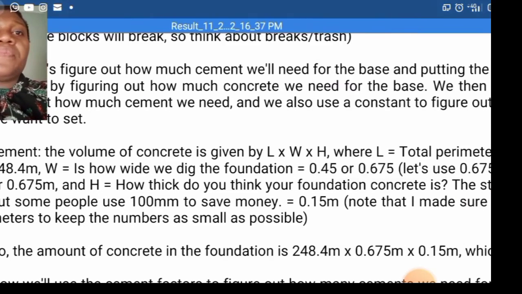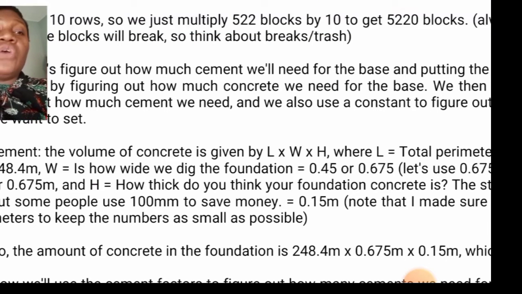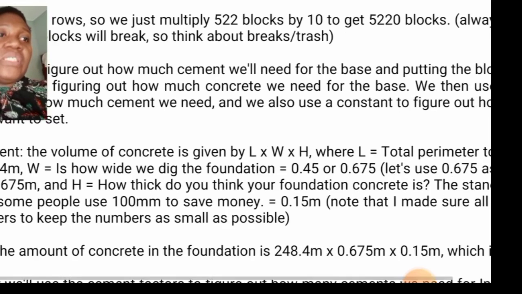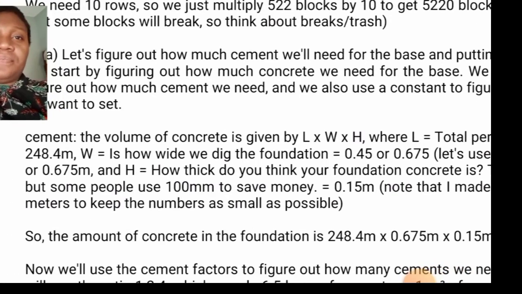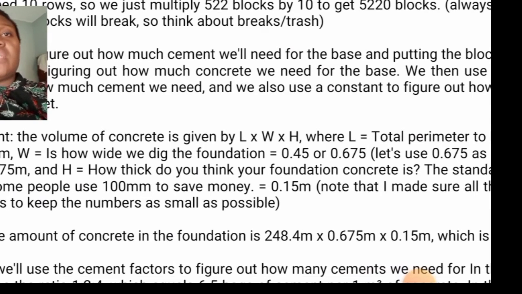W is how wide we dig the foundation, which is 0.45, but we are going to use 0.675, which is the standard. H stands for how thick your foundation concrete will be.